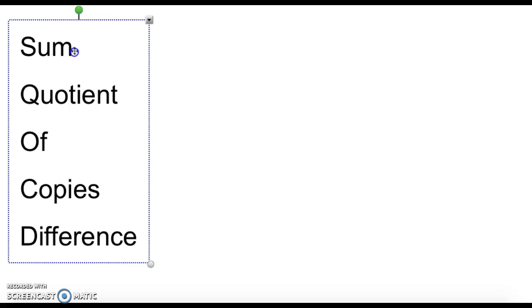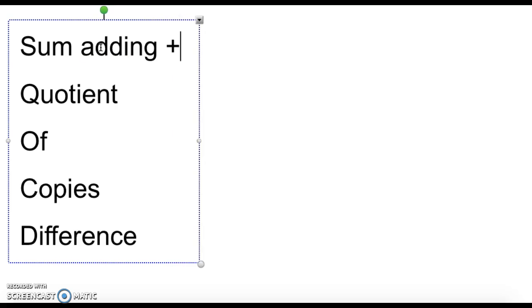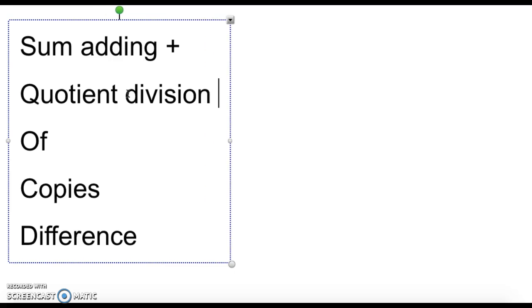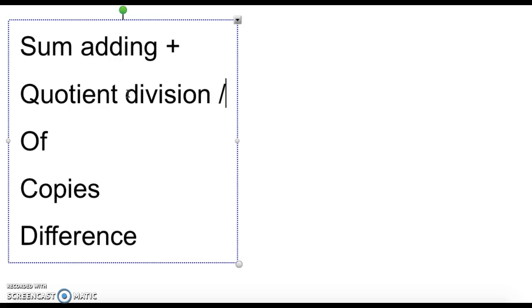So sum, when we're talking about sum, that means that we are adding. Sum is the answer to an addition question. That's the math word we use for that. Quotient means we are doing division. Quotient is the word we get when we have the answer to a division problem.